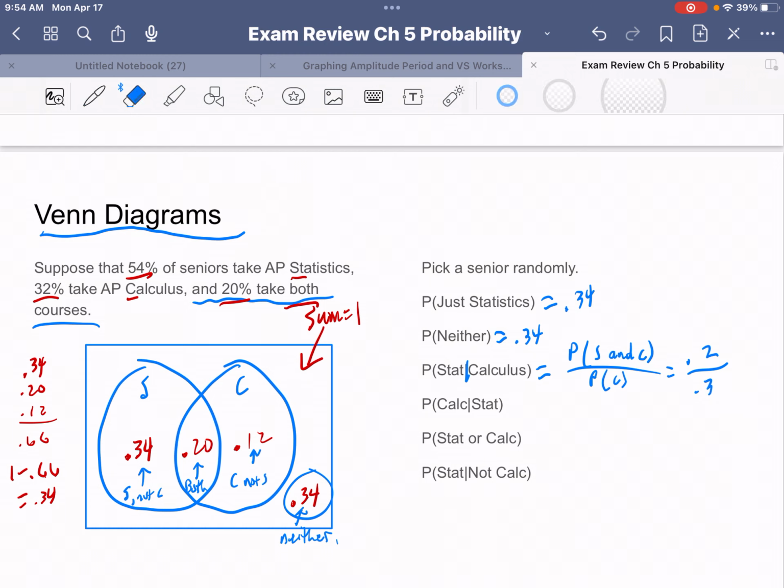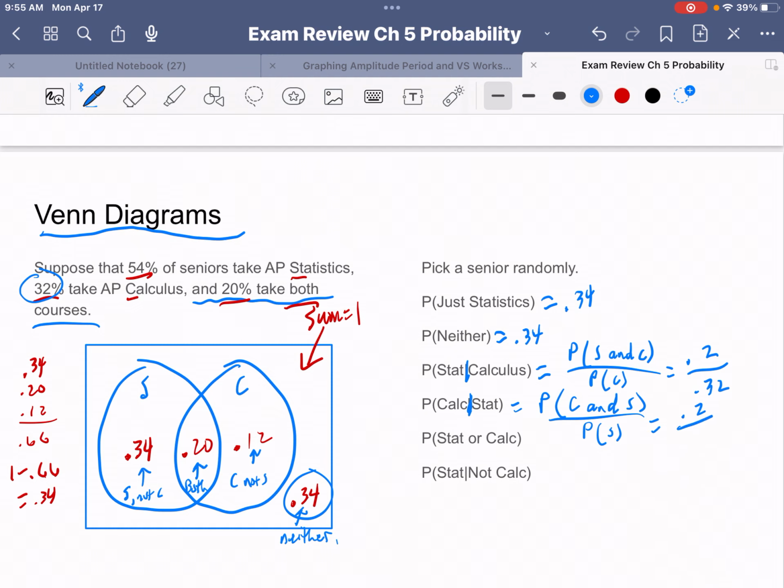The 0.2 is taking stat and calculus, and the 0.32 is the calculus that was given. What is the probability of calc given stat? Well, that would be equal to the probability of calc and stat divided by stat. Well, that's 0.2 over 0.54.